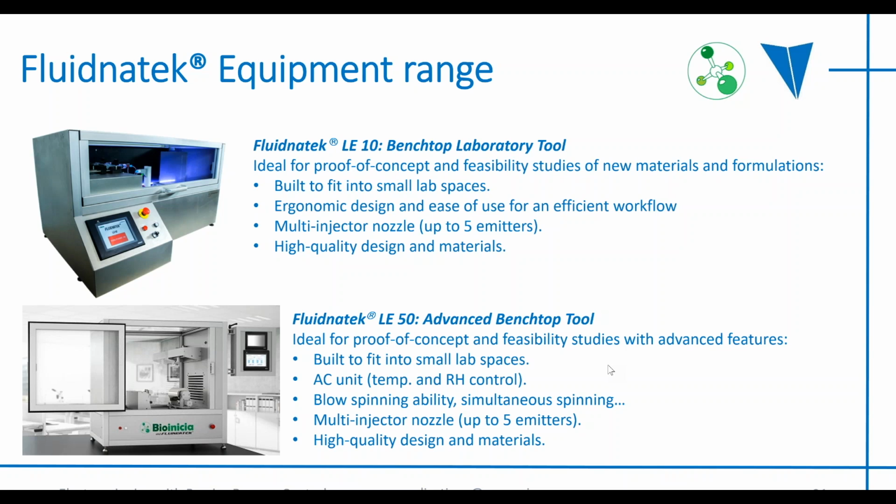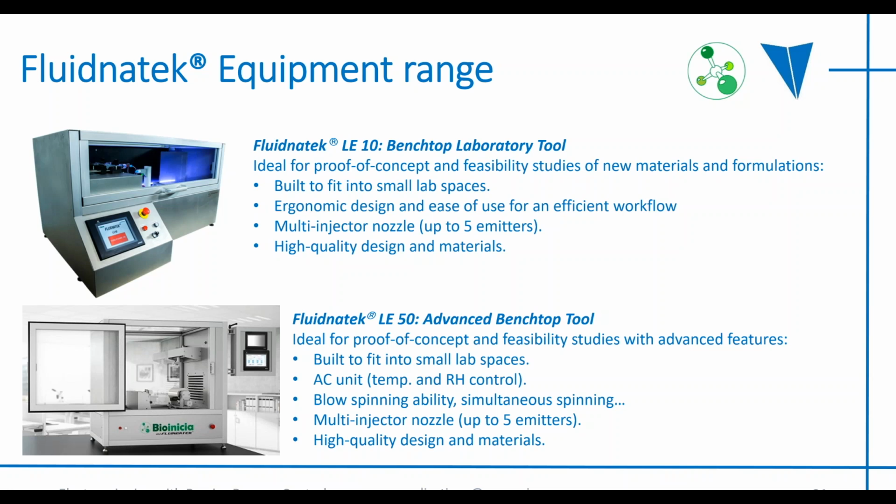The LE50 then is still a very simple machine, but is crucially compatible with the temperature and humidity control. And it has a larger chamber, which allows you a bit more flexibility in terms of the apparatus set up inside. So in this machine, you can spin, for example, 2 fiber types at the same time, collecting on a rotating drum, so that you can create a composite type structure, for example.